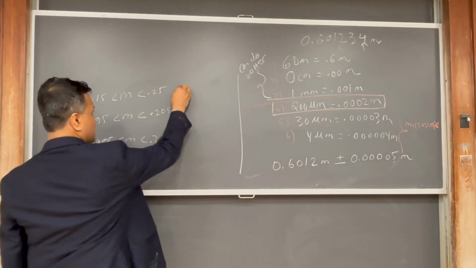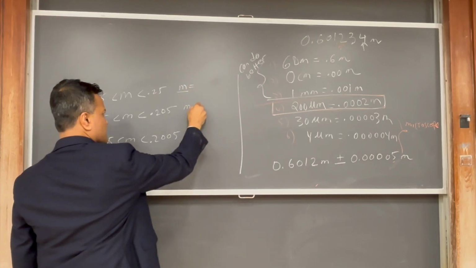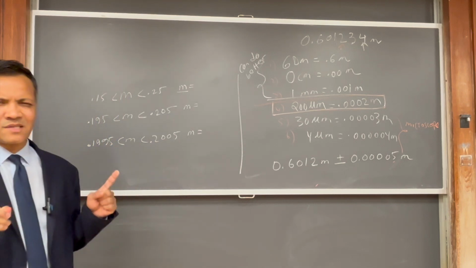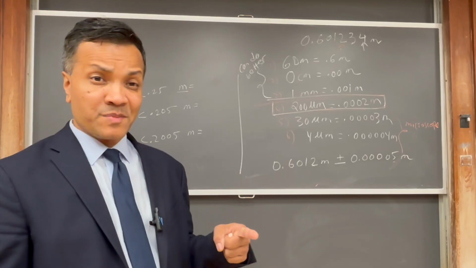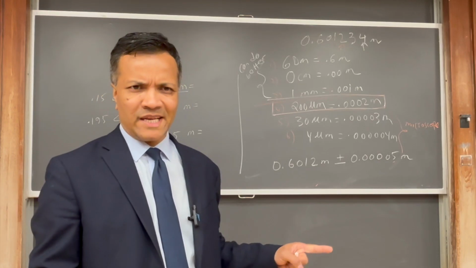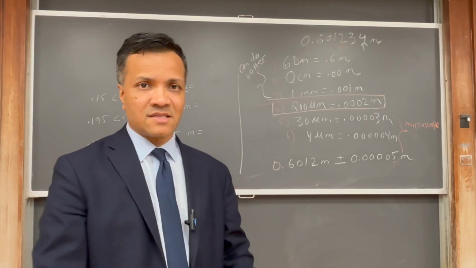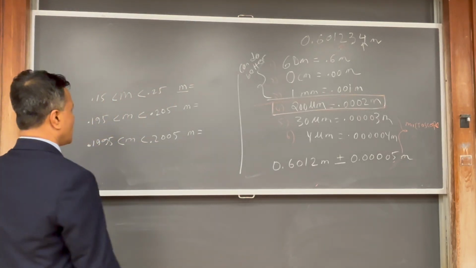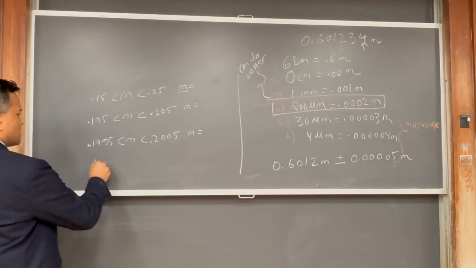Okay, so what is the M? What is the representative M over here? The representative means the number that represents all other possible numbers. M could be anything between 0.15 and 0.25, but what is the representative M in this case? So you can use the arithmetic mean.